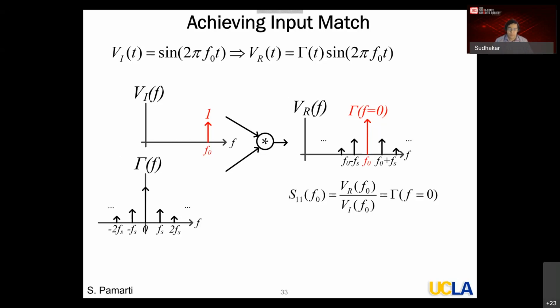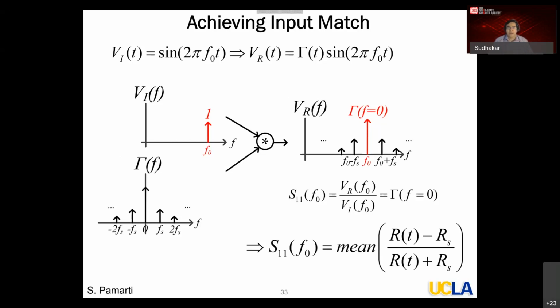In other words, it is nothing but the mean value of the periodic reflection coefficient. So what I'm saying is that I can do input impedance matching as long as I focus on the mean value of the periodically time varying reflection coefficient.